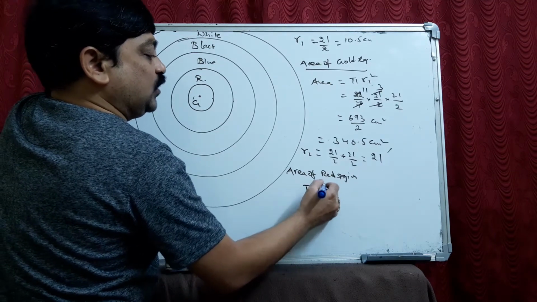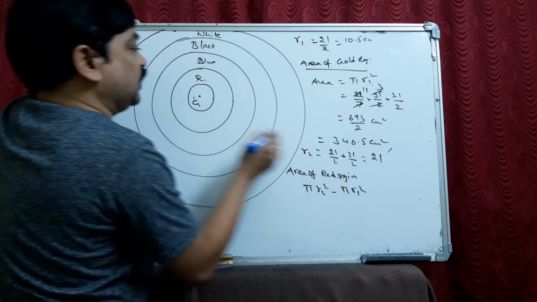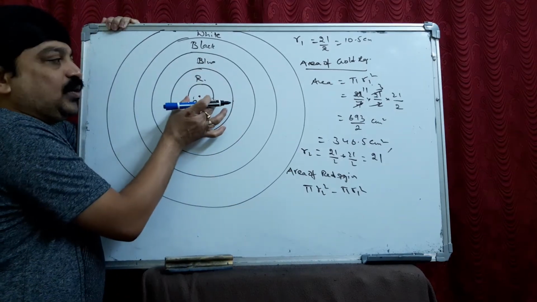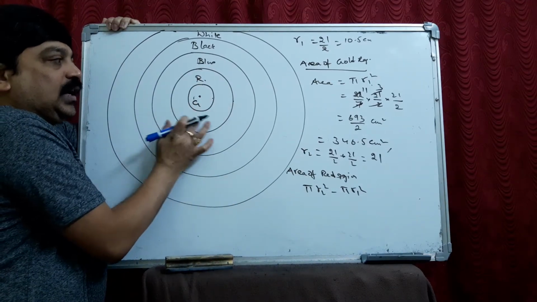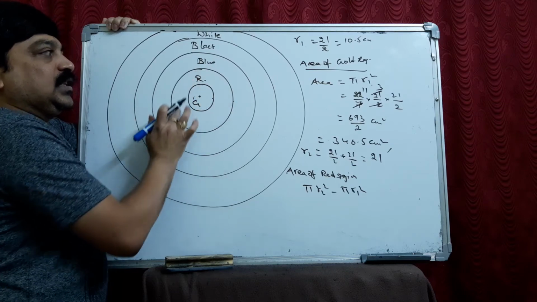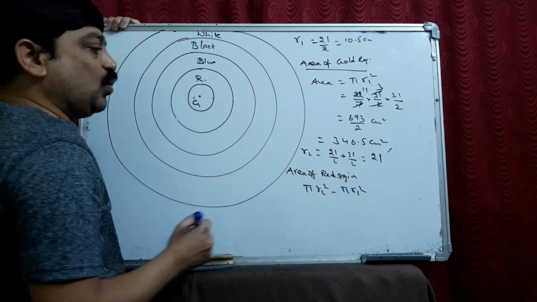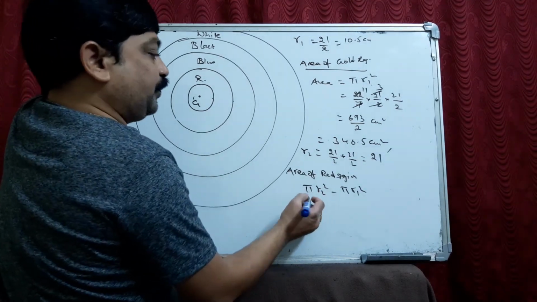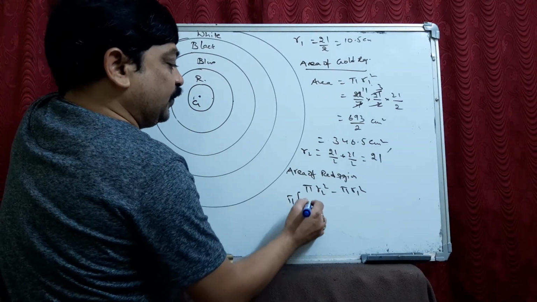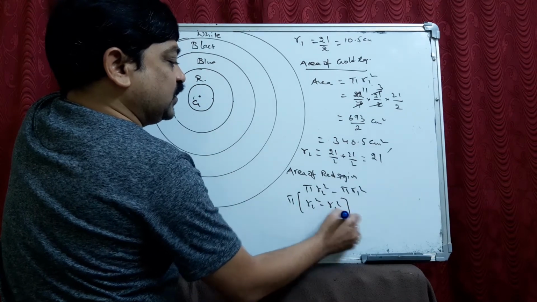To find the area of the red region, we have to find pi R2 square minus pi R1 square. From the big circle, I have to remove the small circle's area so that I get the area of this band region. Okay, so what happens? Take pi common, R2 square minus R1 square.